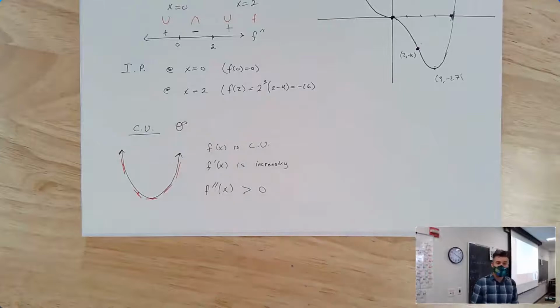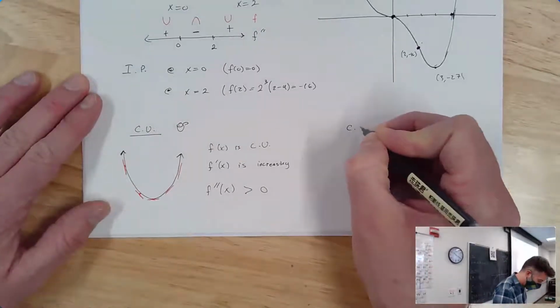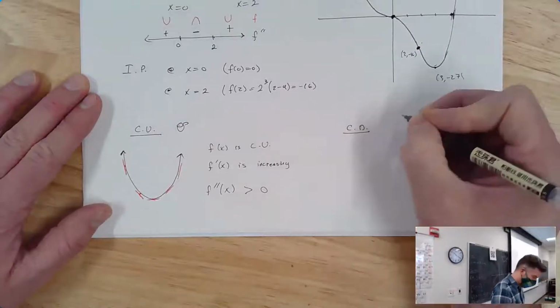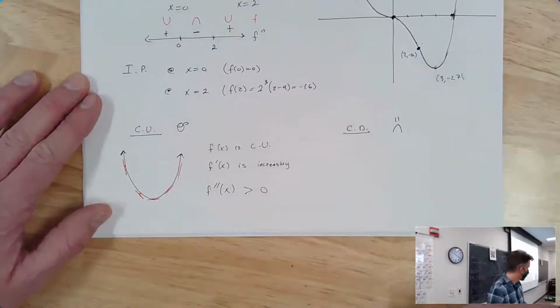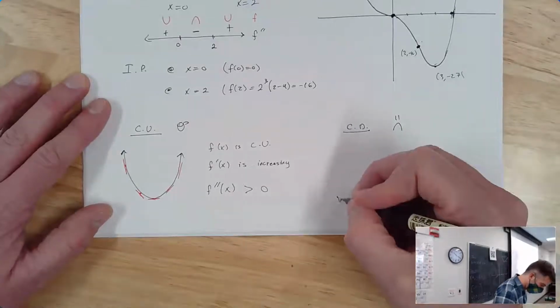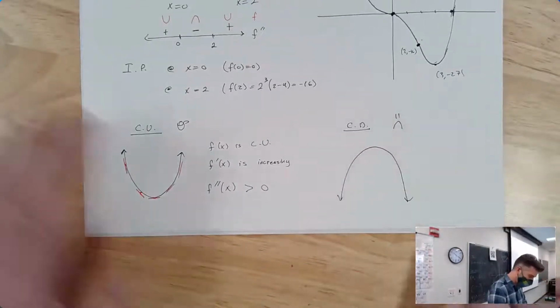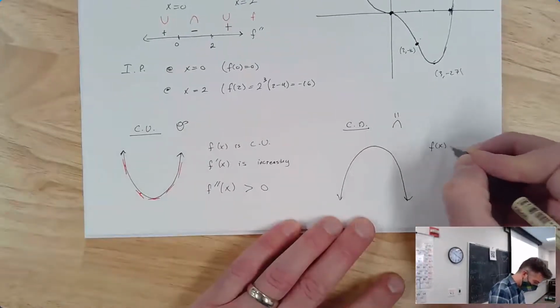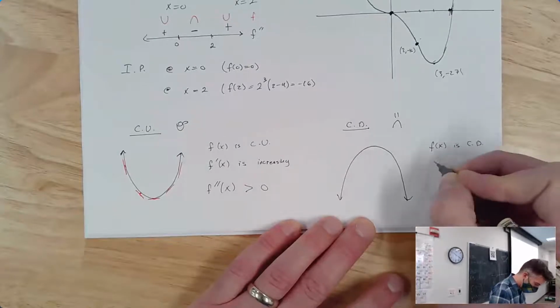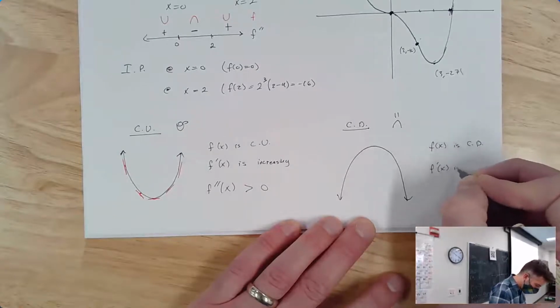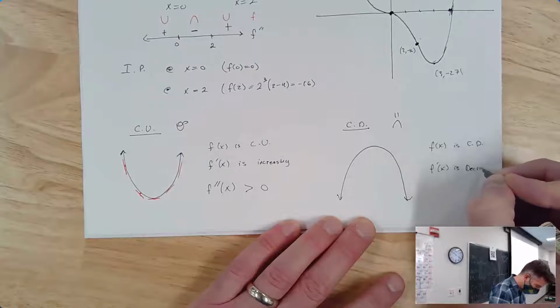And we have a similar thing being true if a function is concave down. So concave down, like a frown. When the function is concave down, the derivative is decreasing, right?